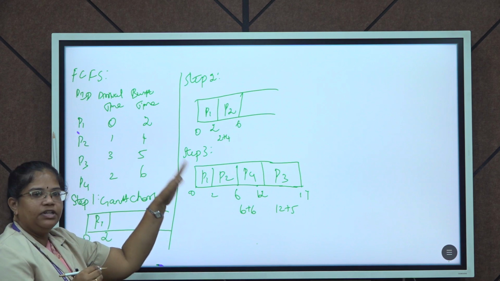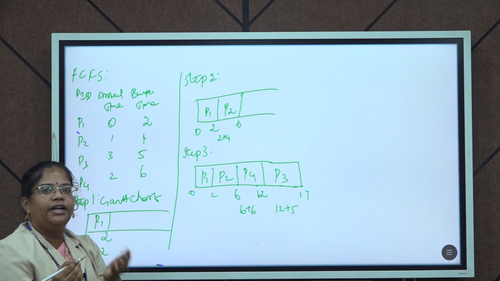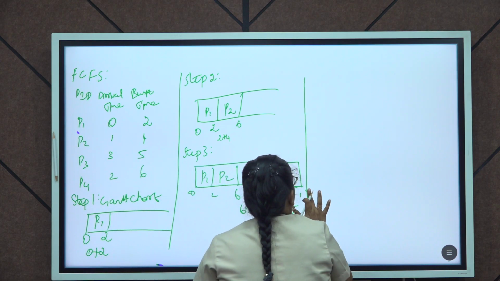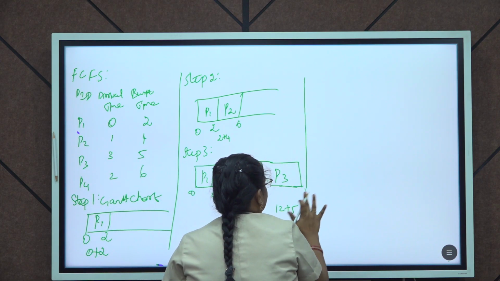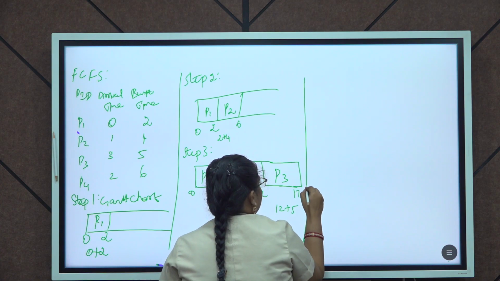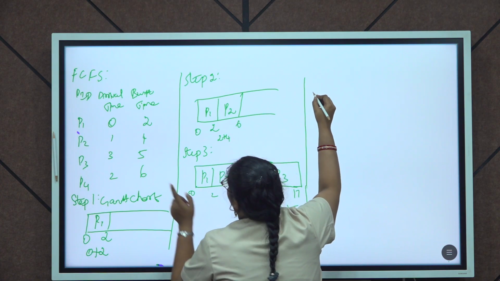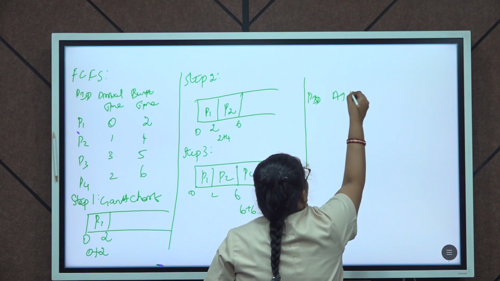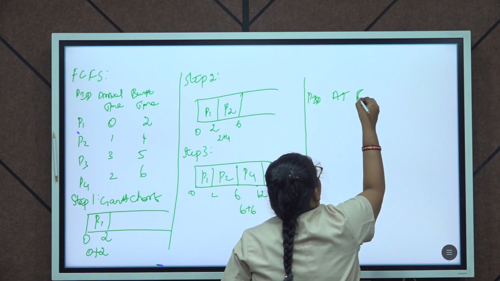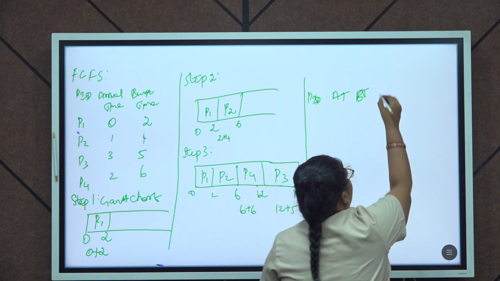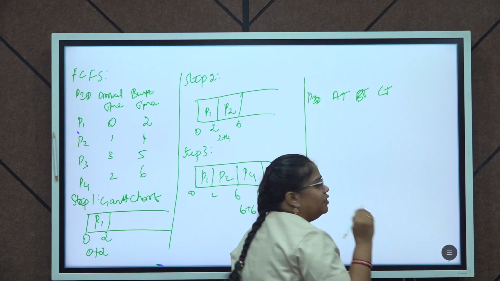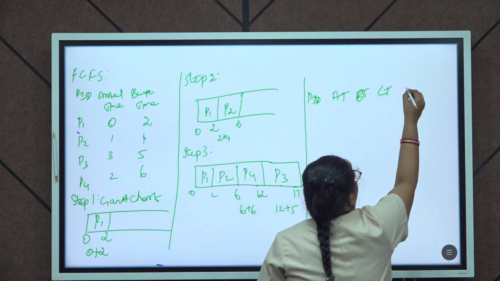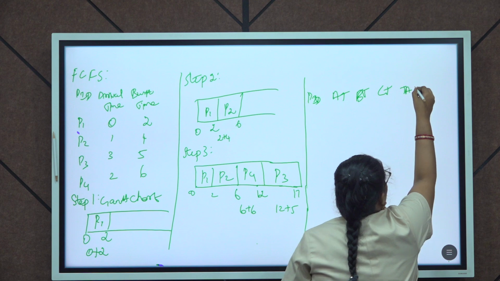Okay. So after the Gantt chart, we find the waiting time and turnaround time. First we draw one table. Here: process ID, arrival time, burst time, then completion time, which is when the process ends. Then turnaround time, TAT.